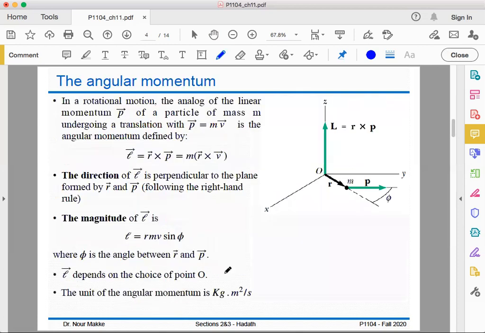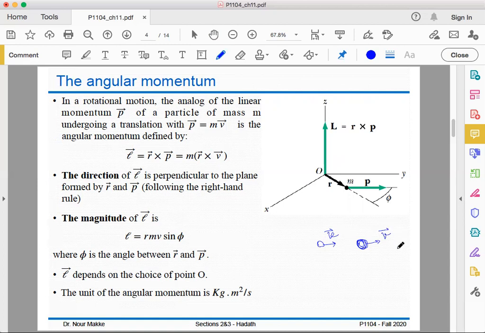Now, let's go on and define the angular momentum. We have seen previously in chapter 9 that if we have a given particle, or two particles, let's say, that are moving with the same speed v, this particle is moving with speed v and this one is bigger, and it is moving with the same speed v.